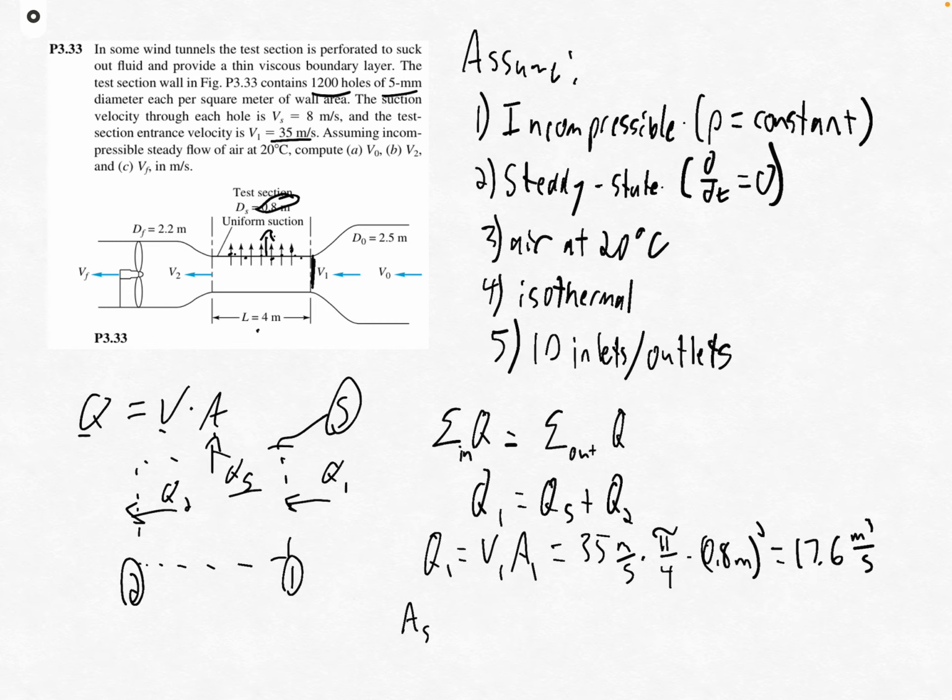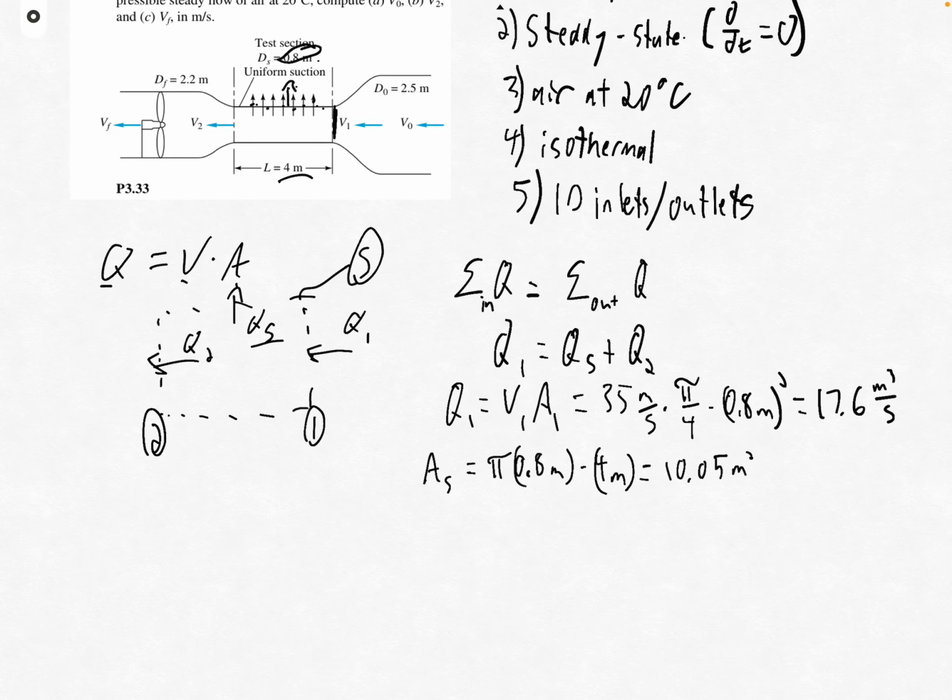We know that the length is 4 meters, and the diameter is 0.8 meters. And so this area of the section is going to be pi times 0.8 meters times 4 meters, and so that's 10.05 meters squared.